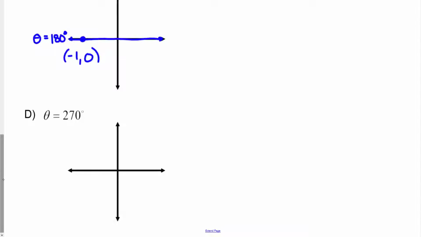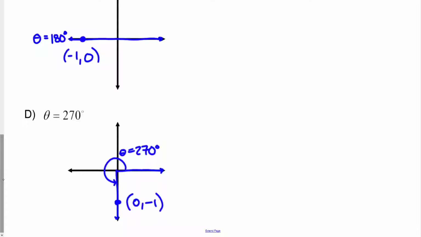And then for 270 degrees, your initial side would still be along the positive x. Your terminal side would be this way. So this is 270 degrees. A point along this terminal side, 0, -1. And then you can use the same arguments we used earlier to come up with the remaining ones.